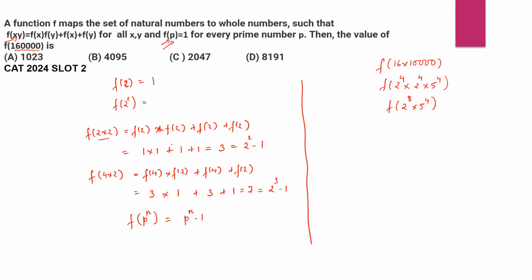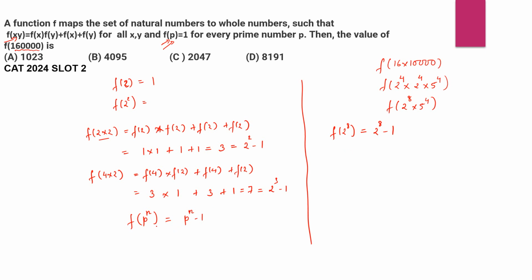Because for an input of 4, my answer is 3. For an input of 8, my answer is 7. If you want to cross check it for 5 also, we get the same result. So using that logic, f of 2 to the power 8 must be equal to 2 to the power 8 minus 1. Yes or no?